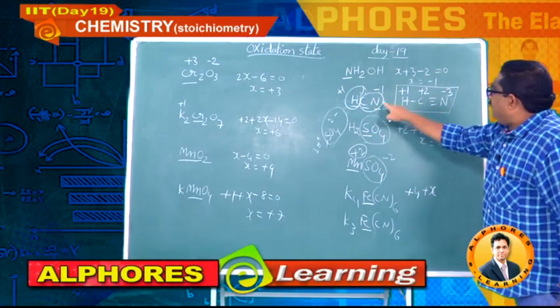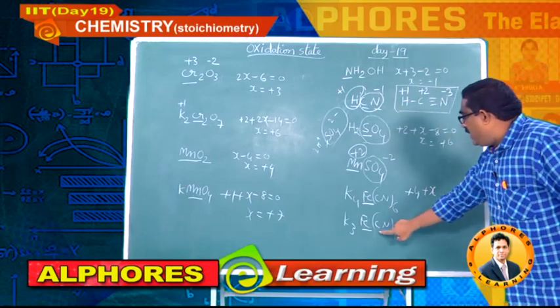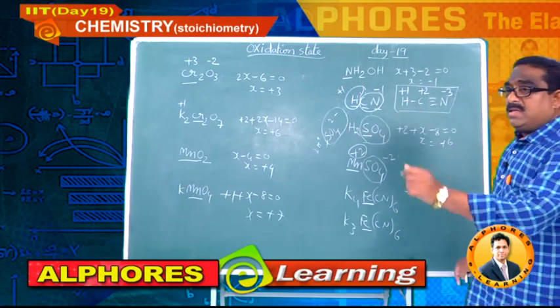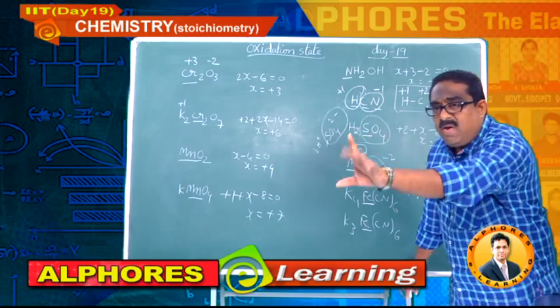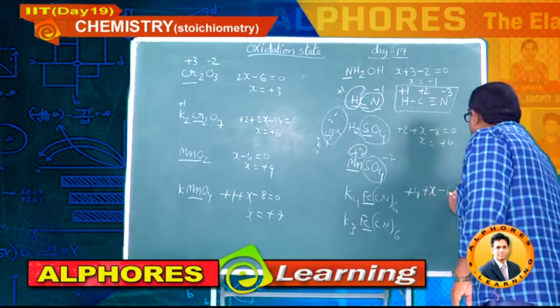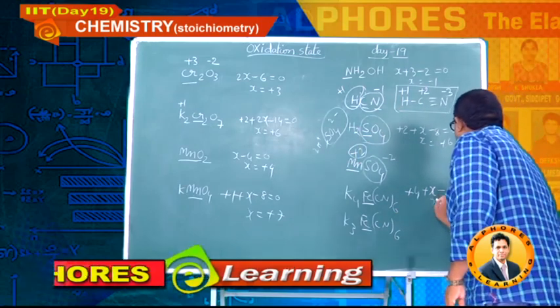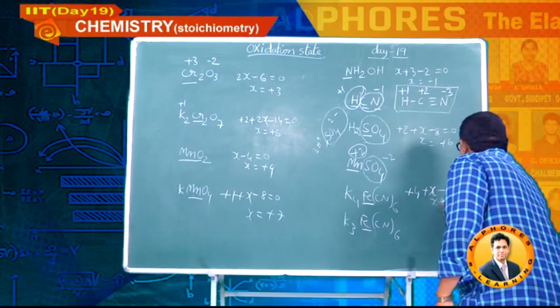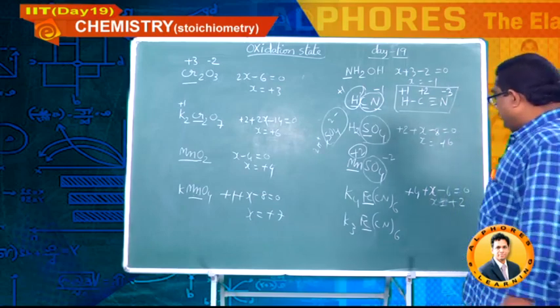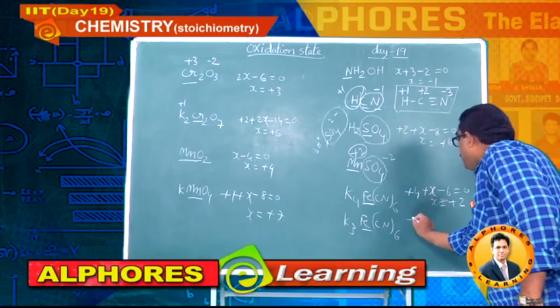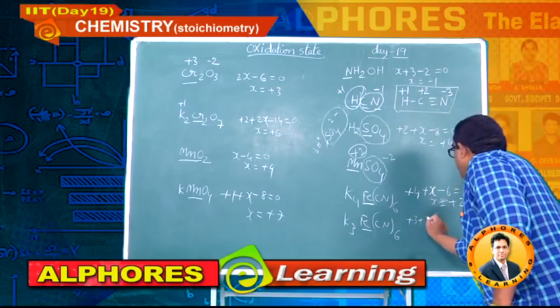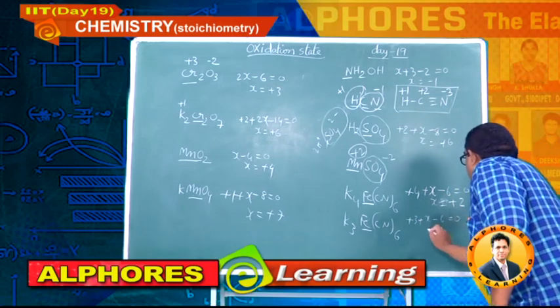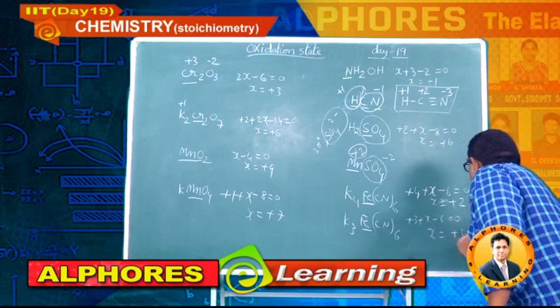For the entire carbon and nitrogen, you can simply take it as minus 1. Equals to 0, so X equals plus 2. Similarly, I am applying here also. Plus 3 plus X minus 6, X is equal to 0, X equals plus 3.